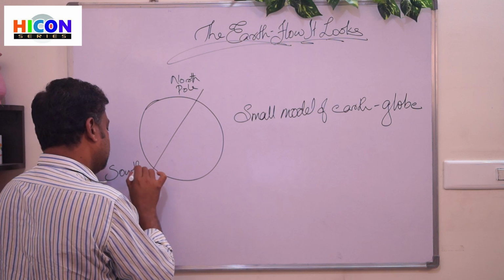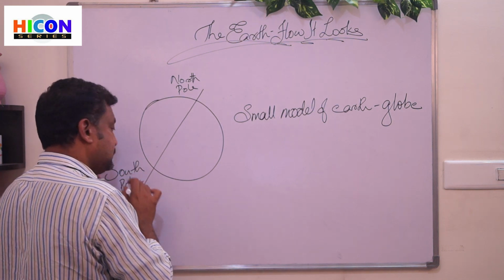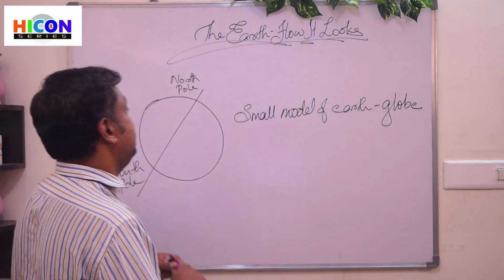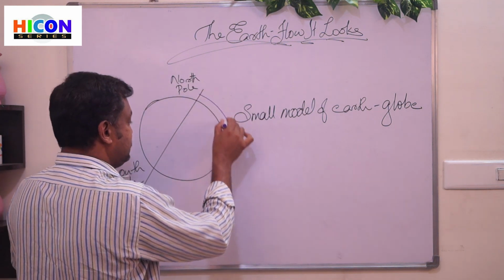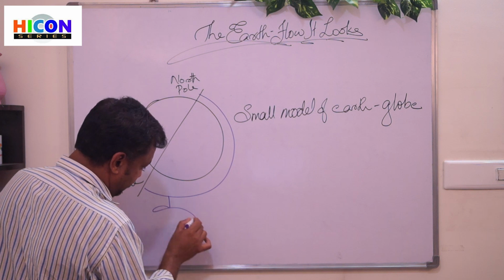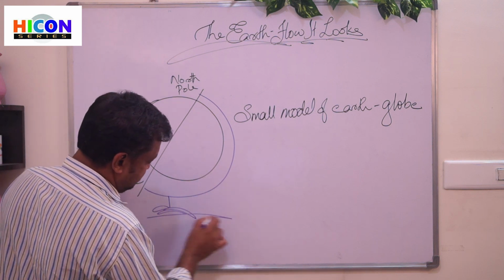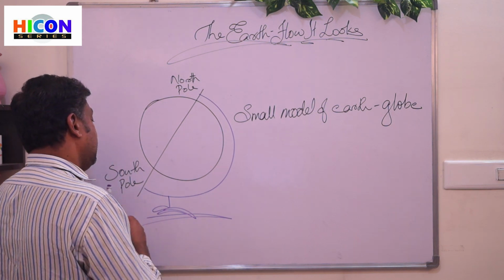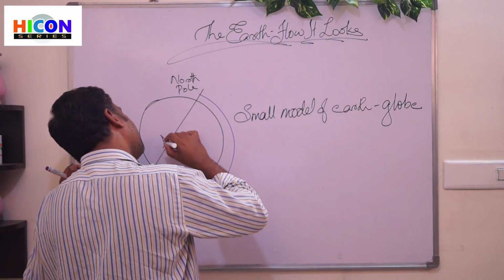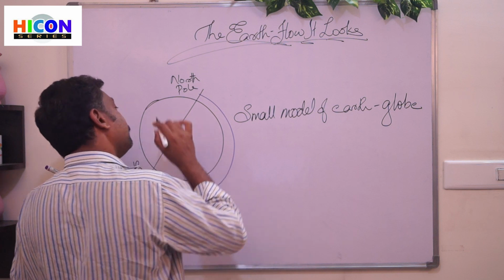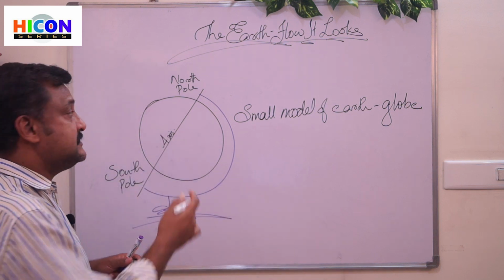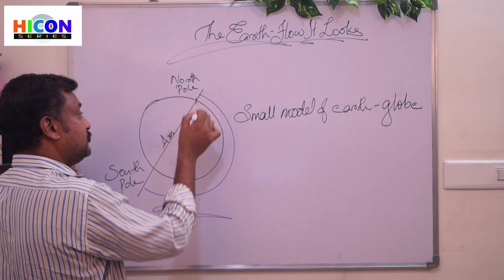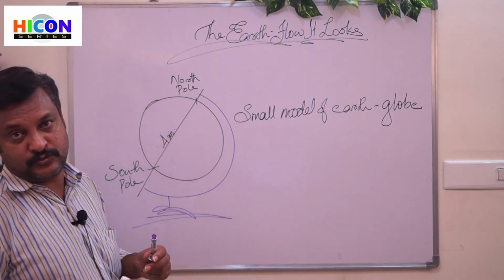This is the South Pole, isn't it? Now, this globe is fixed in the same way as the earth is rotating. This is a base. So this is the axis, and the axis passes through North Pole and South Pole.